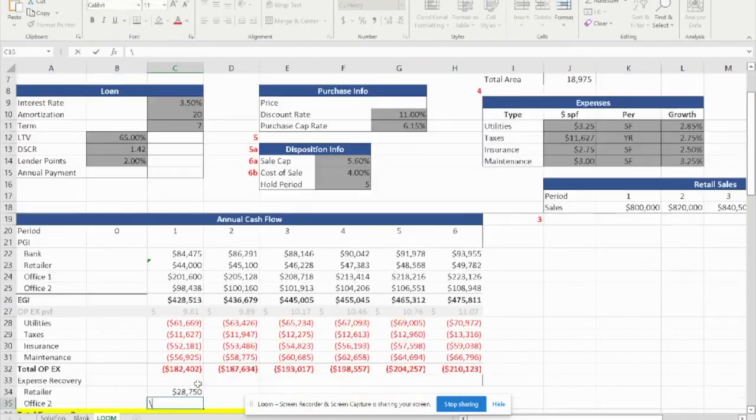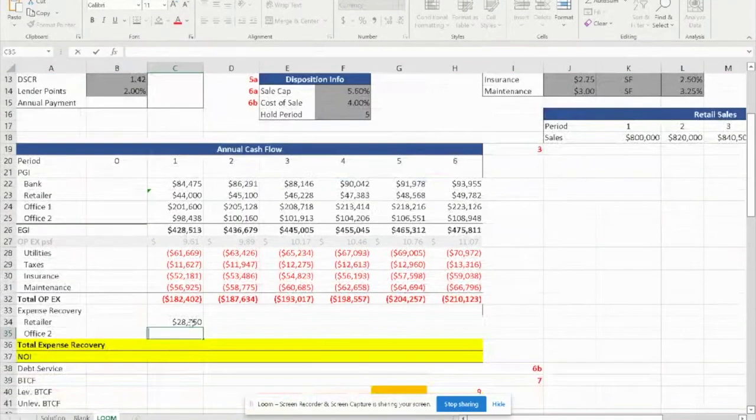If you did that, you should get the $28,000 for the retailer as expense recovery. So you'll be able to recover this amount from the retailer.